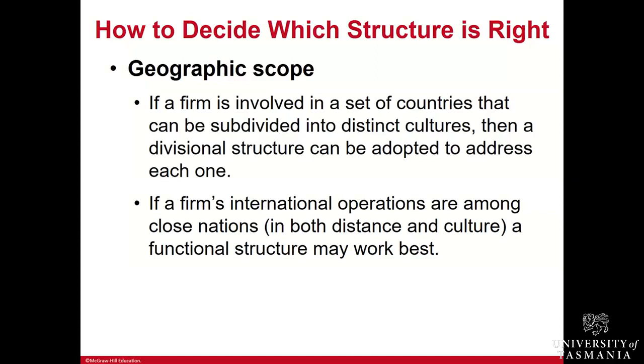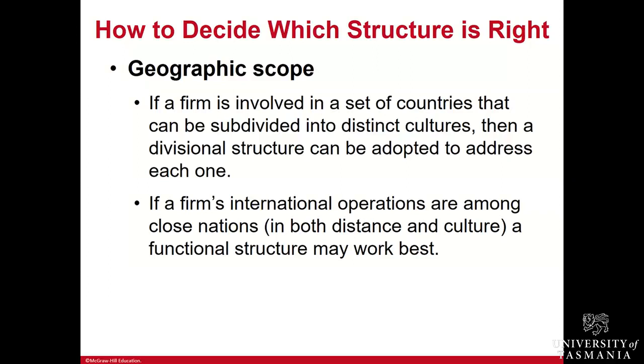In deciding the structure of international business companies, think from this perspective as well to decide which structure is right or the best. Always, lowering the cost is important. That's why it is important to understand the size of the company.